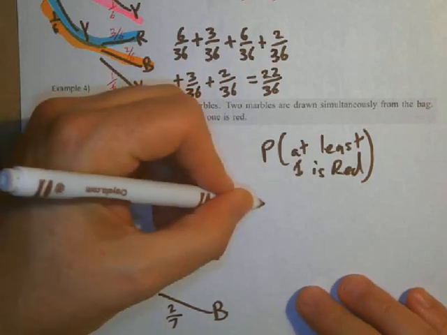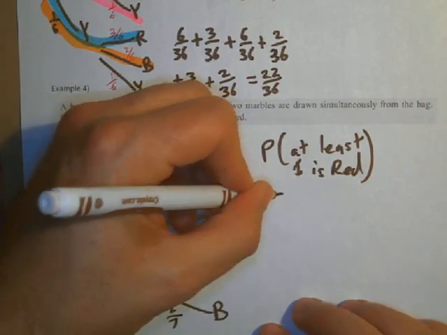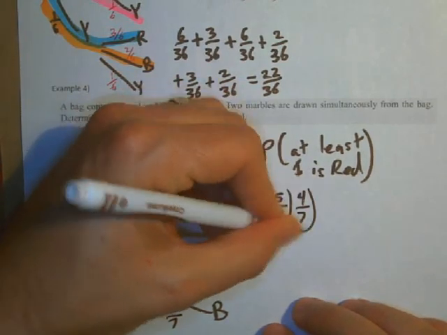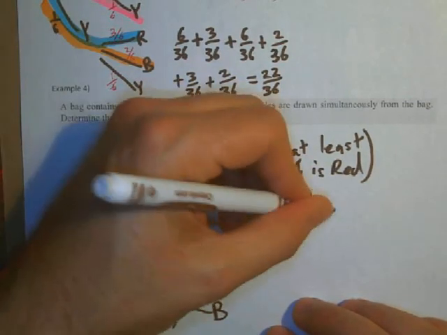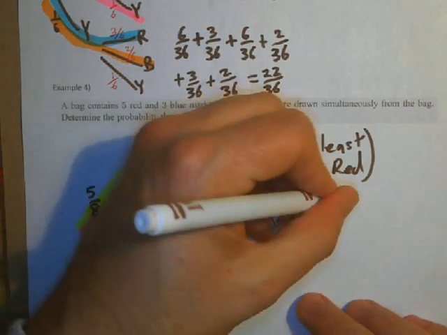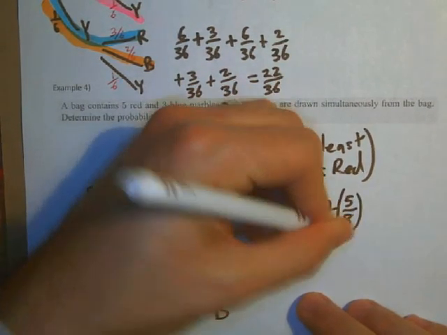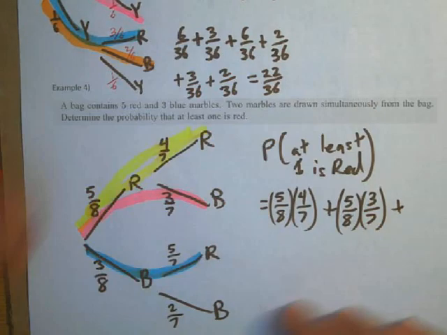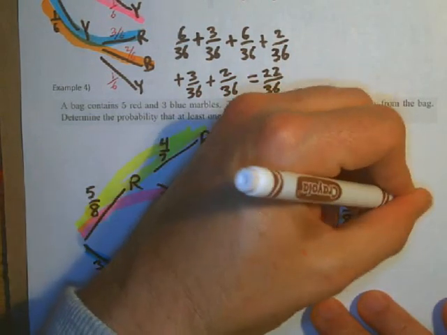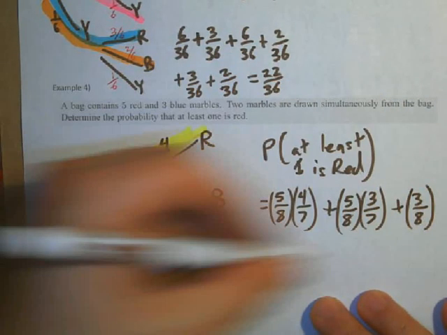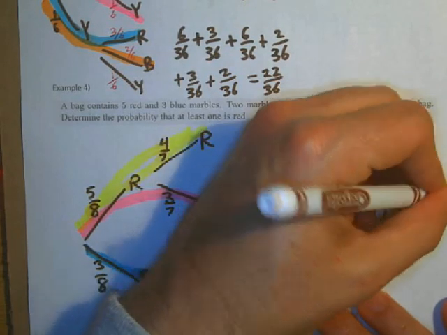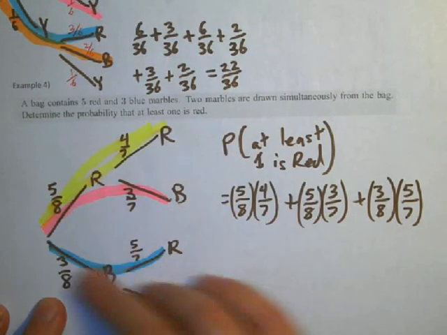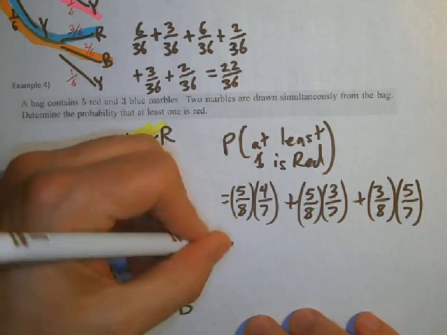So we got 5/8 times 4/7 for the yellow pathway. The red pathway is 5/8 times 3/7. And then the blue pathway is 3/8 times 5/7. And each of those pathways has at least 1 red marble. So let's calculate this.